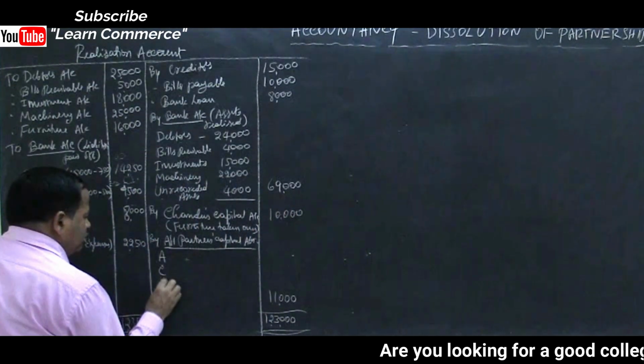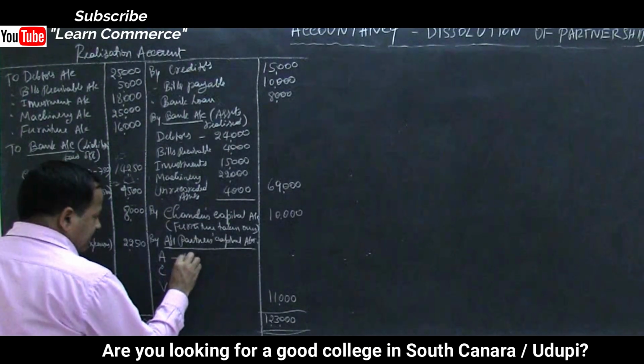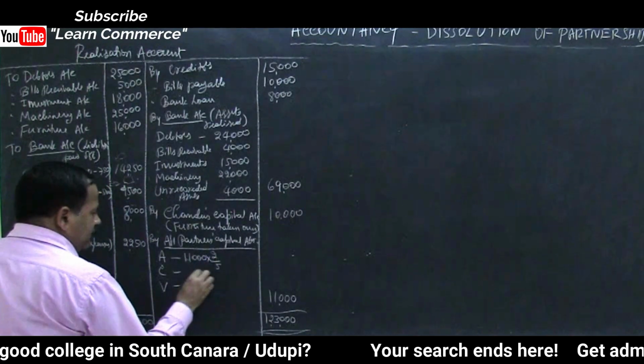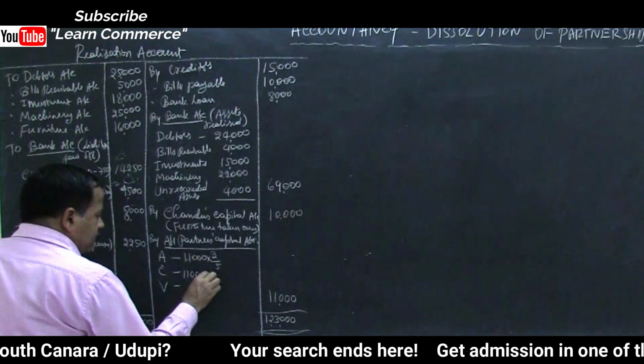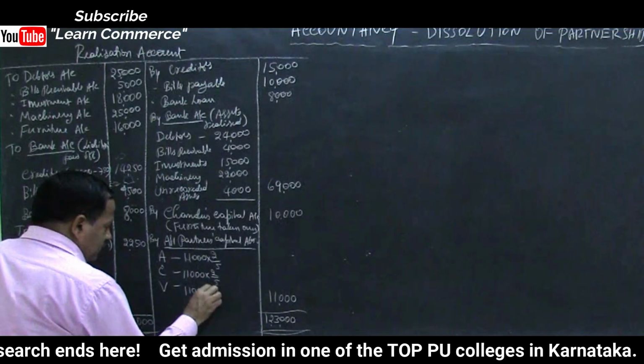Write the full names of the partners. 11,000 into 2 by 5, 11,000 into 2 by 5 and 11,000 into 1 by 5.